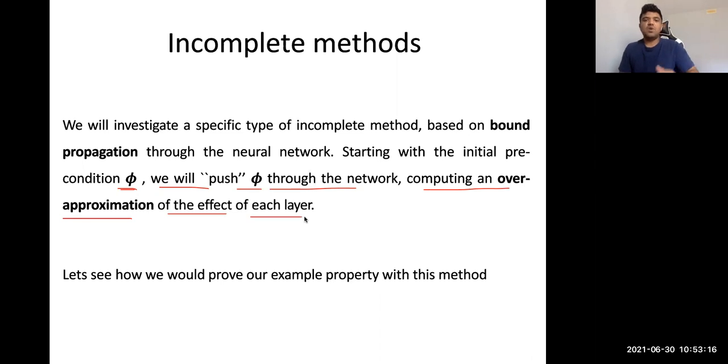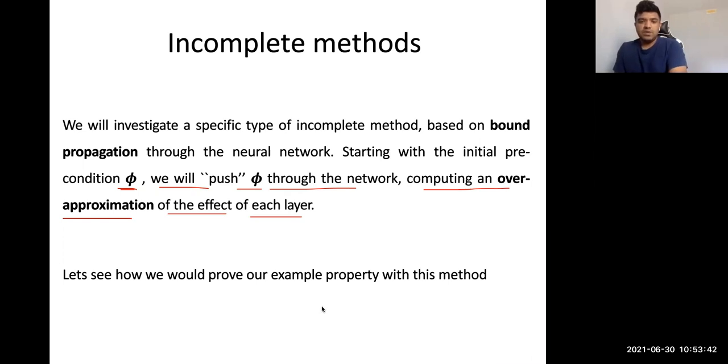Our region is so big, the only way we can really deal with it is making an over approximation of that region, making it as small as possible. Then we can finally enumerate through the region and see if it satisfies our post condition psi.